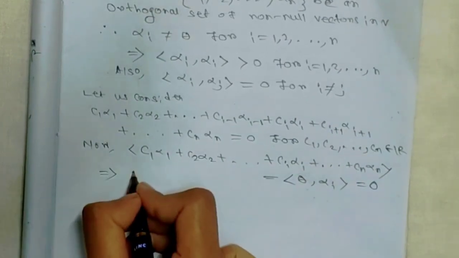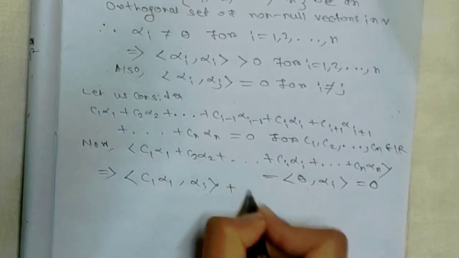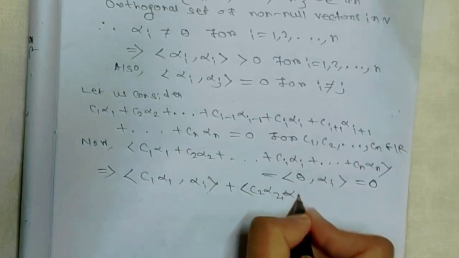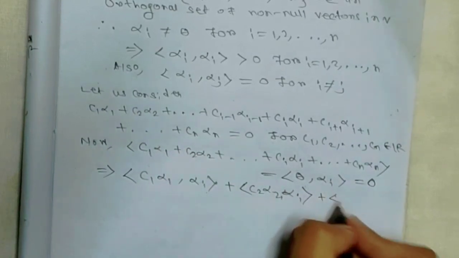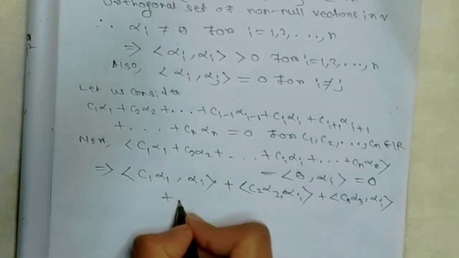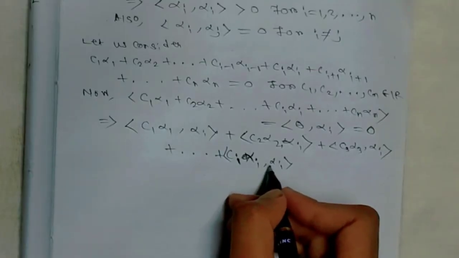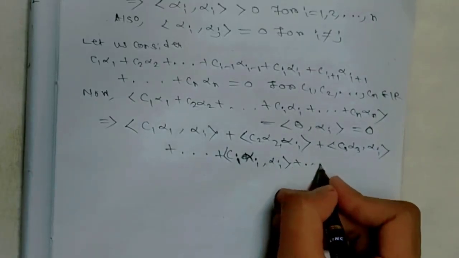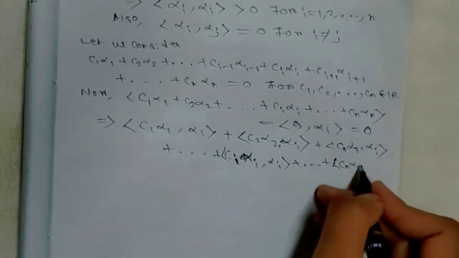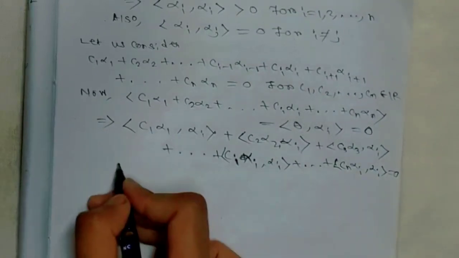That implies the inner product of c1 alpha 1, alpha i plus the inner product of c2 alpha 2, alpha i plus the inner product of c3 alpha 3, alpha i plus ... plus the inner product of ci alpha i, alpha i plus ... plus the inner product of cn alpha n, alpha i equals 0.